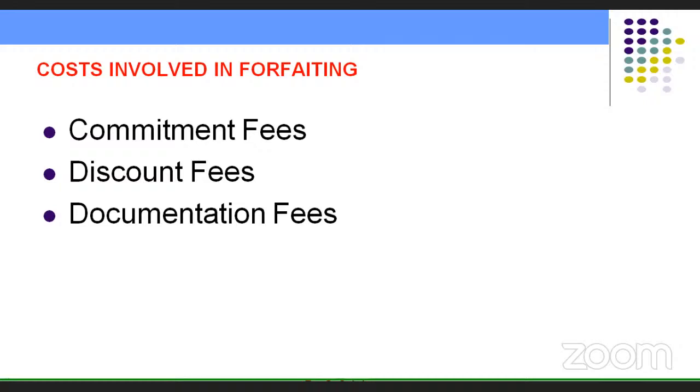Discount fee. Generally, the exporter, while obtaining the quote from the forfeiting agency, will communicate the exact amount of exports that the firm is going to make. In some cases, the deal for the period under consideration may not reach the estimated targets.